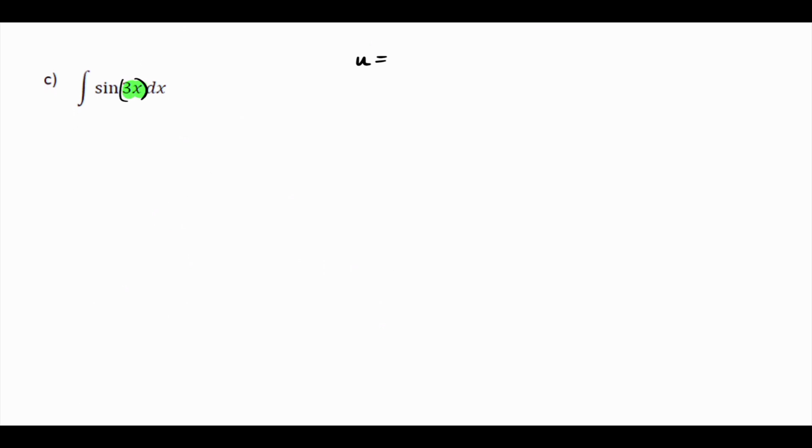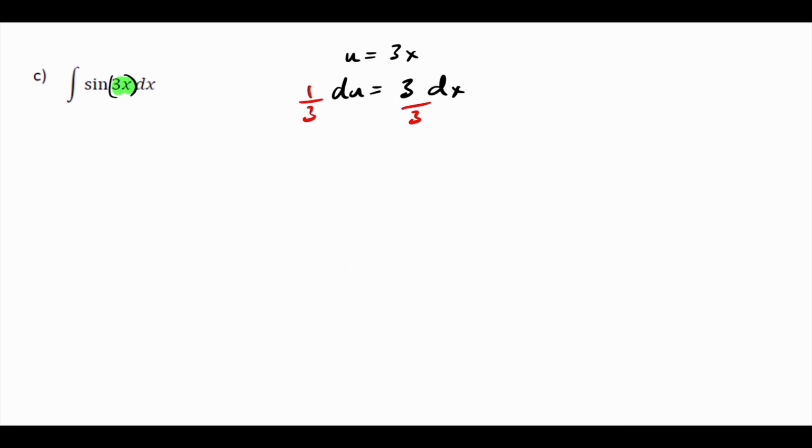So u is going to be 3x. That means du is 3 dx. Divide by 3: 1/3 du equals dx.